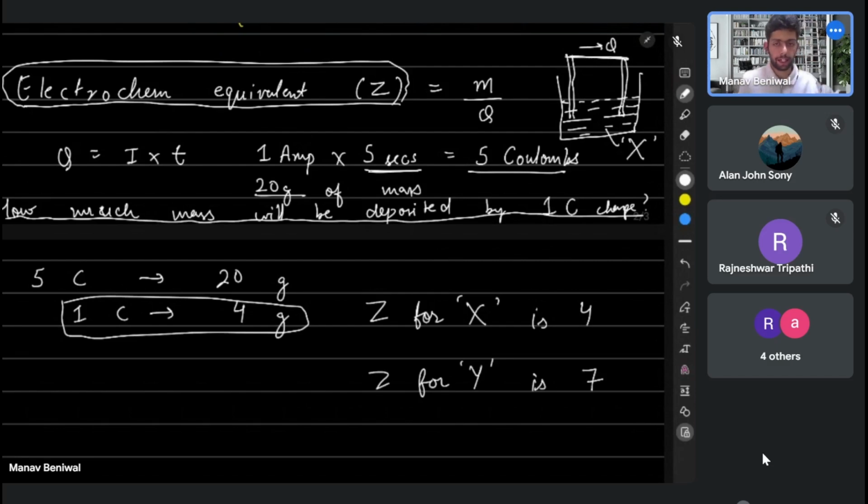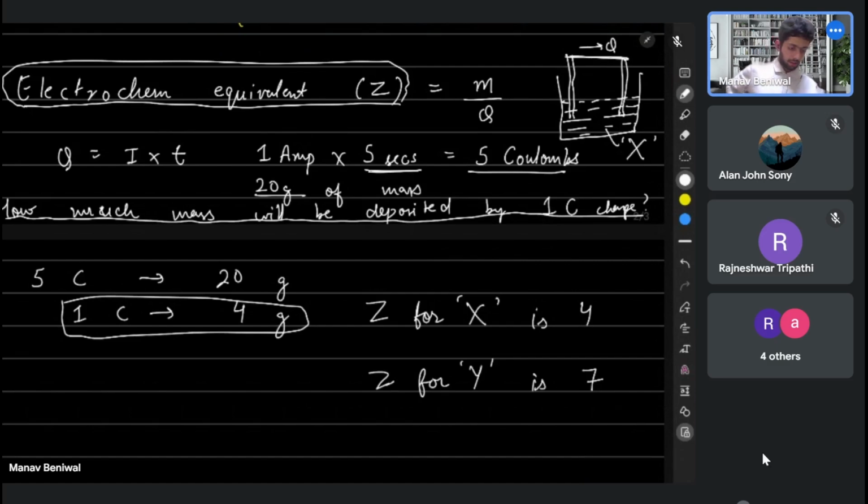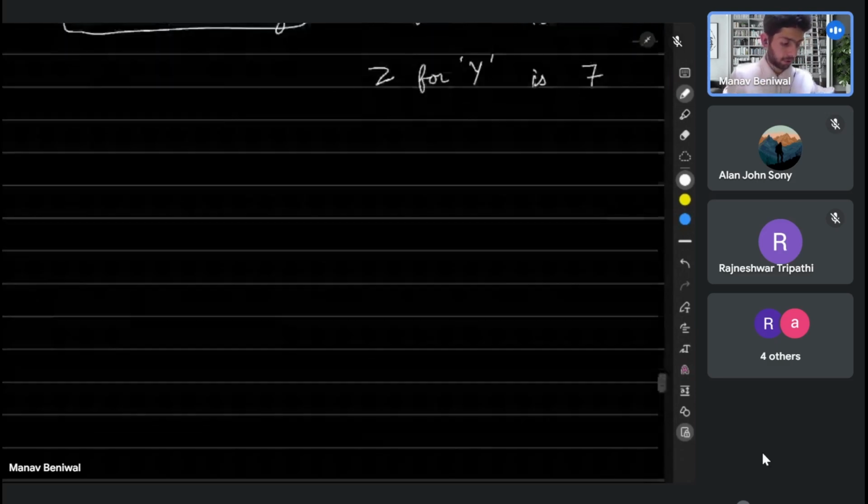We don't know, right? Depending on the substance, how much it deposits when we pass a certain amount of charge, you get this value. I hope this is clear. So okay, let's move on.